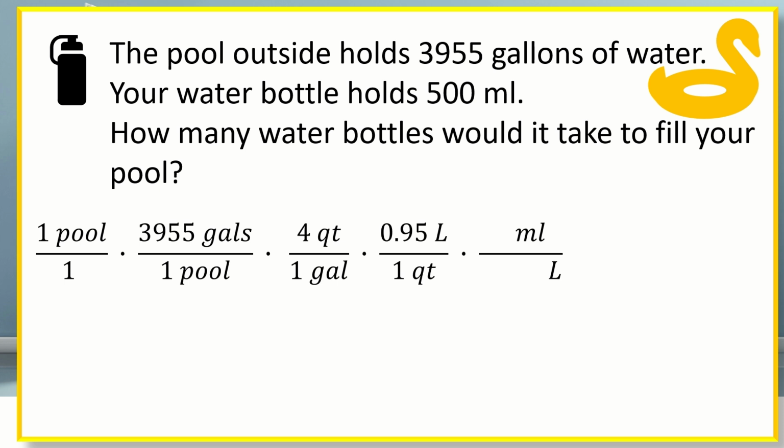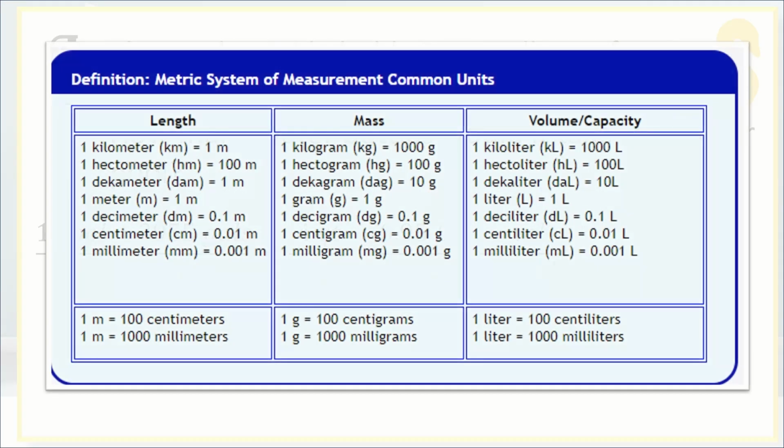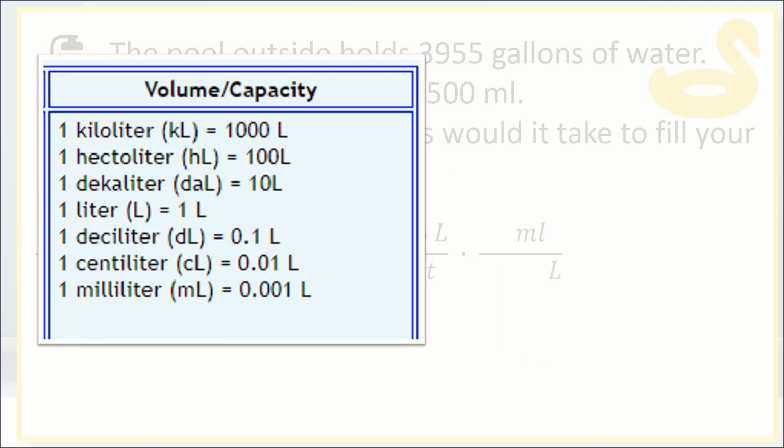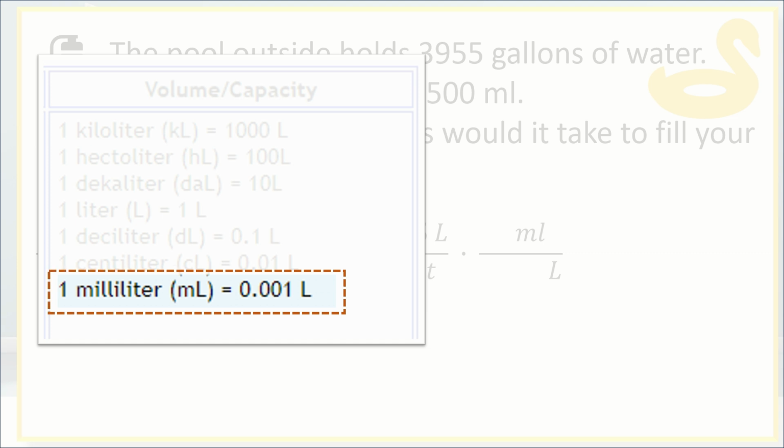Now, it's going to be really nice if I find that on my sheet. So let's go look. I'm not talking about length. I'm not talking about mass. I'm talking about volume or capacity. So I focus my attentions there. And sure enough, I see a conversion from milliliters to liters.